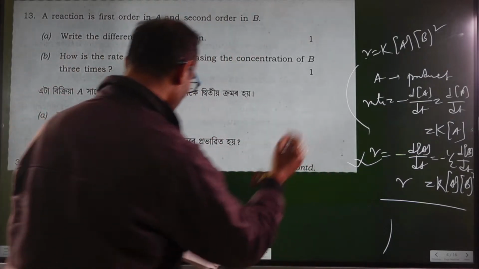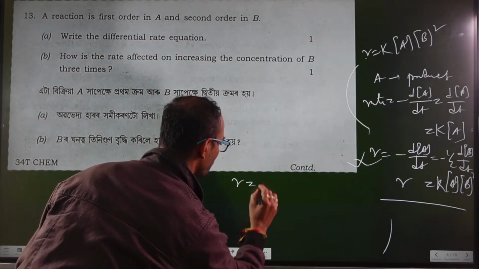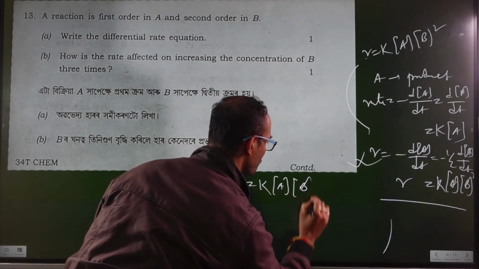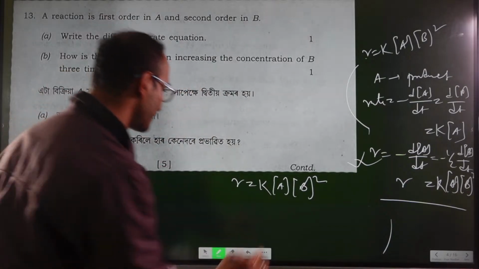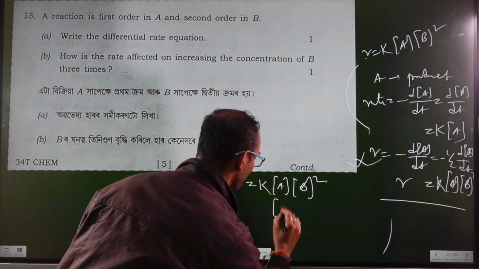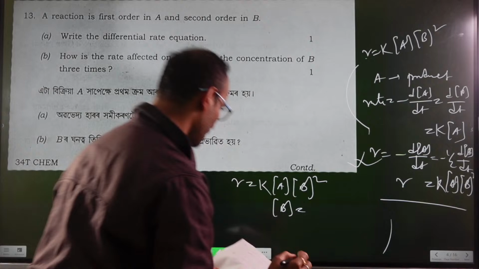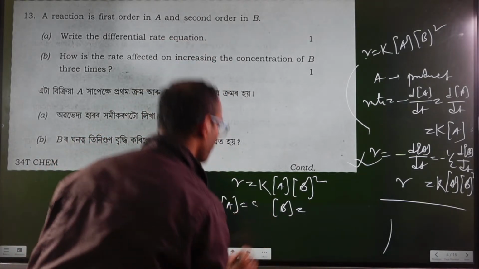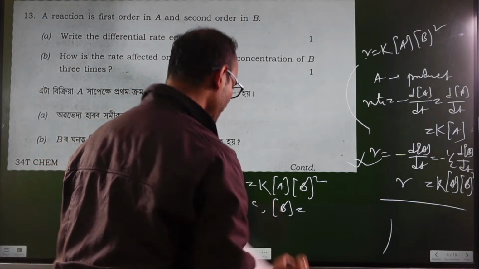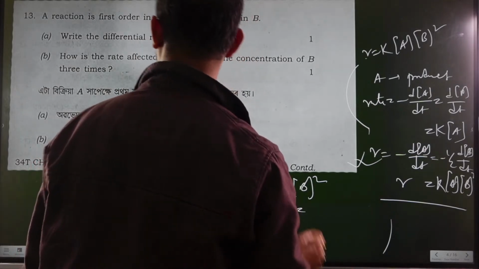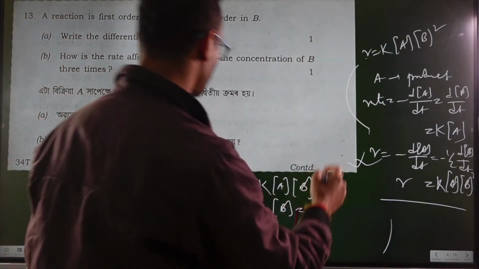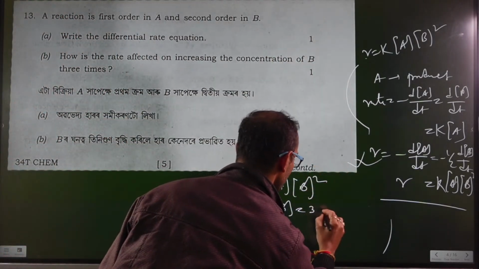For that you write R is equal to K concentration of A concentration of B square. Let's say concentration of A is equal to C, and concentration of B is increased to 3 times, that means 3C.